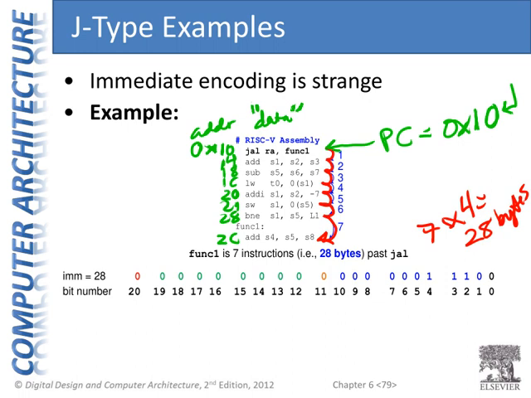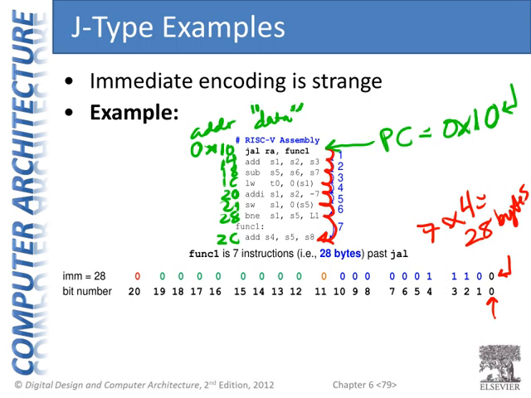The first thing to do is to write 28 using 21 bits. Even though we have a 20-bit immediate, we write it using 21 bits, bit 0 to 20. Here we have 28: 16 plus 8 plus 4.